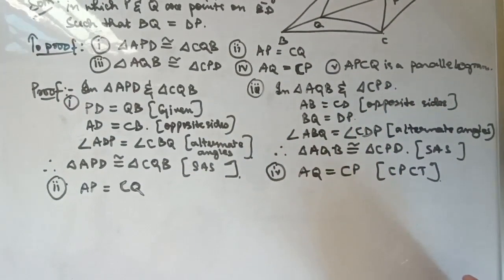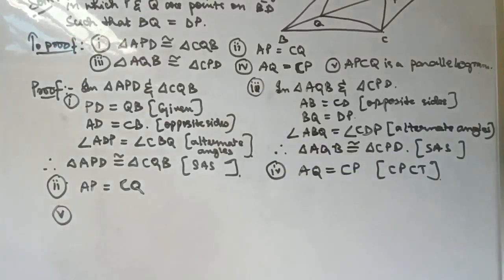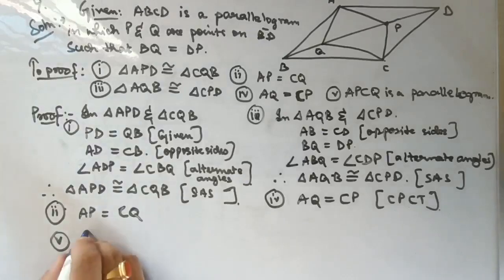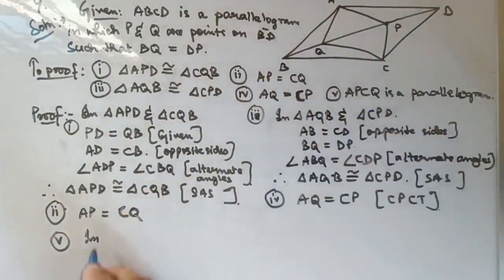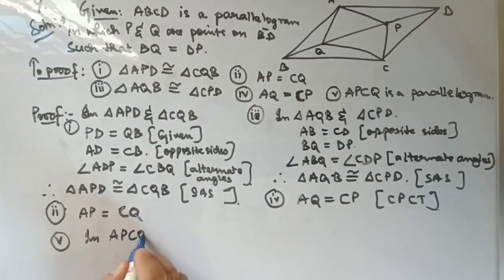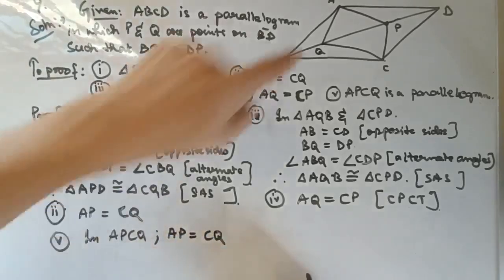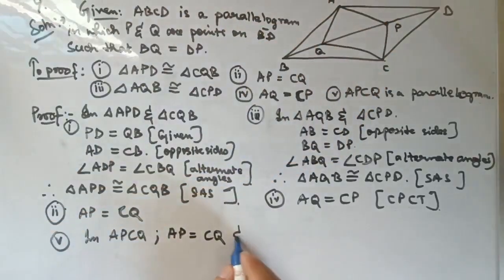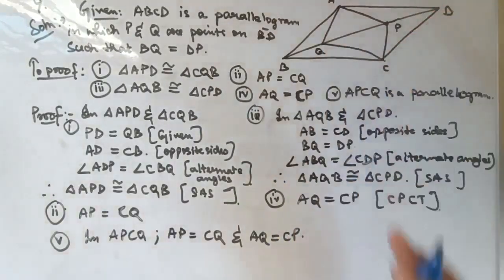Now let us try to prove the last part, Roman number 5. In quadrilateral APCQ, the opposite sides, that is side AP is equal to side CQ, and also the opposite sides AQ is equal to CP.